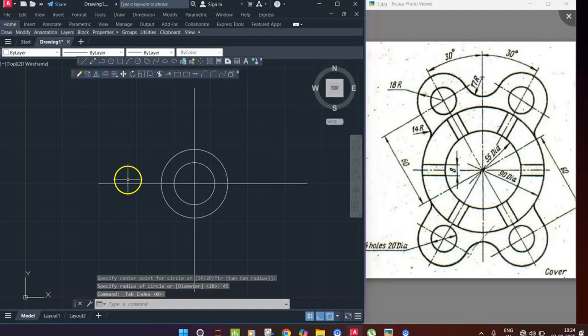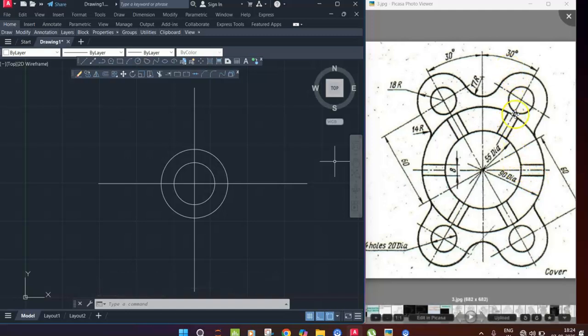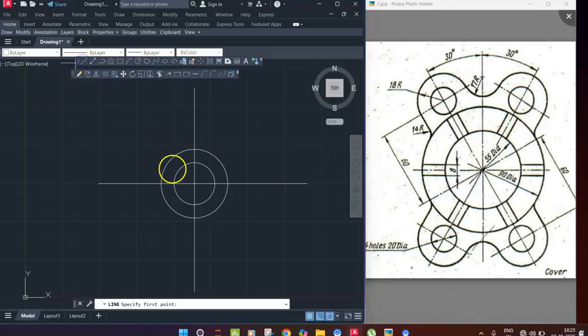Then what we have to draw? We have to draw these ears. So take the line command. From the center point, draw a line at the rate length, whatever the length may be, less than, what is the angle? 0 with respect to vertical, no?